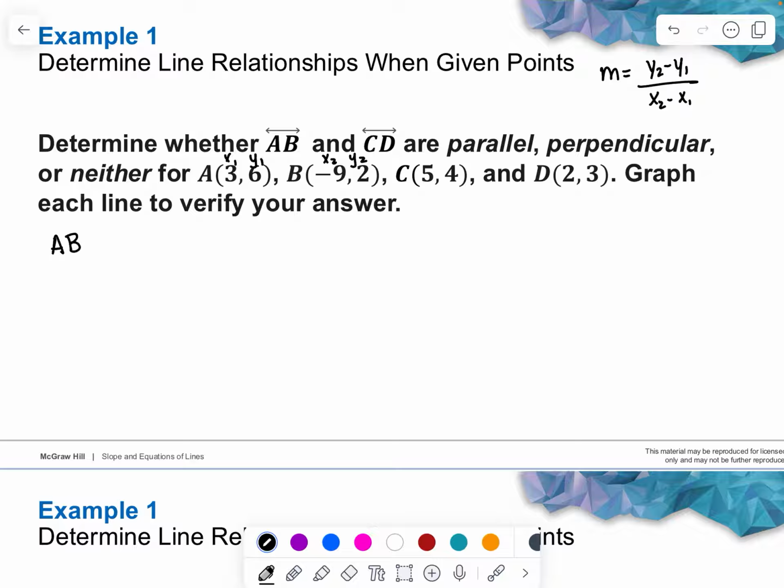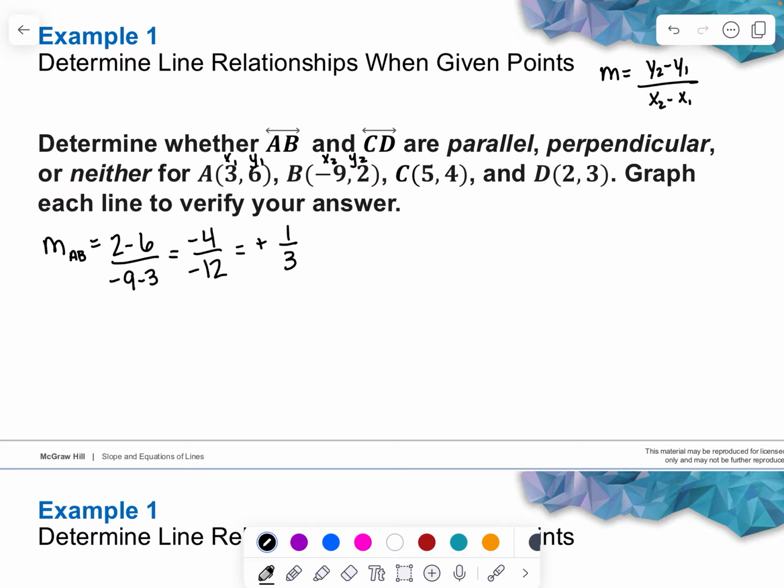I'm going to write it this way. The slope of AB is 2 minus 6, because my y's go on top, over -9 minus 3. 2 minus 6 is -4. That's -12. And then I simplify, it becomes positive 1/3.